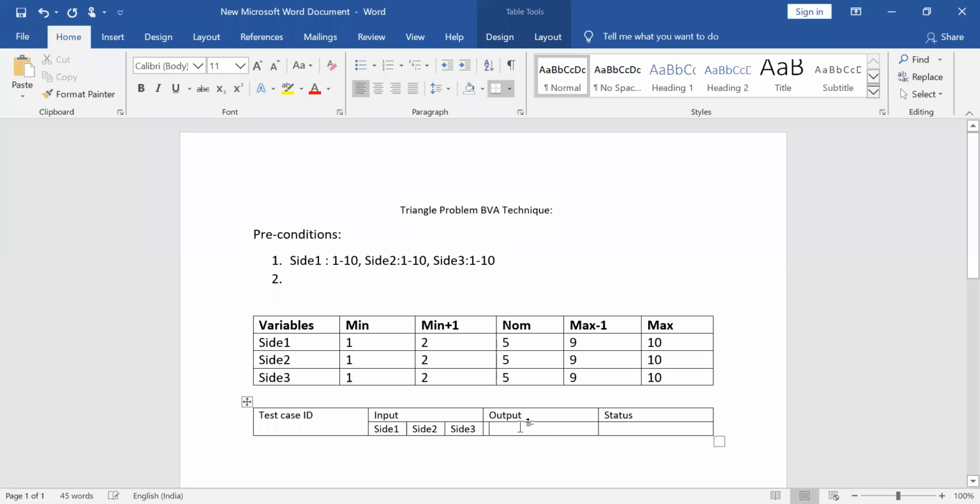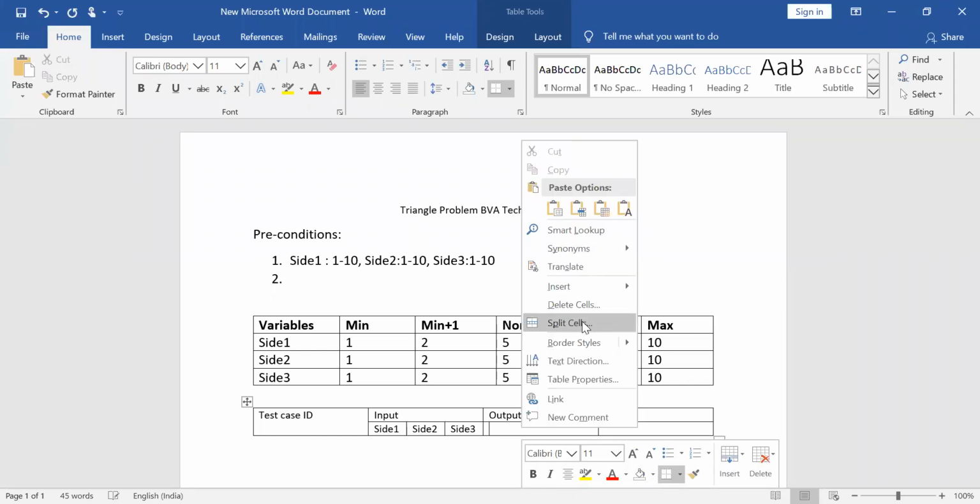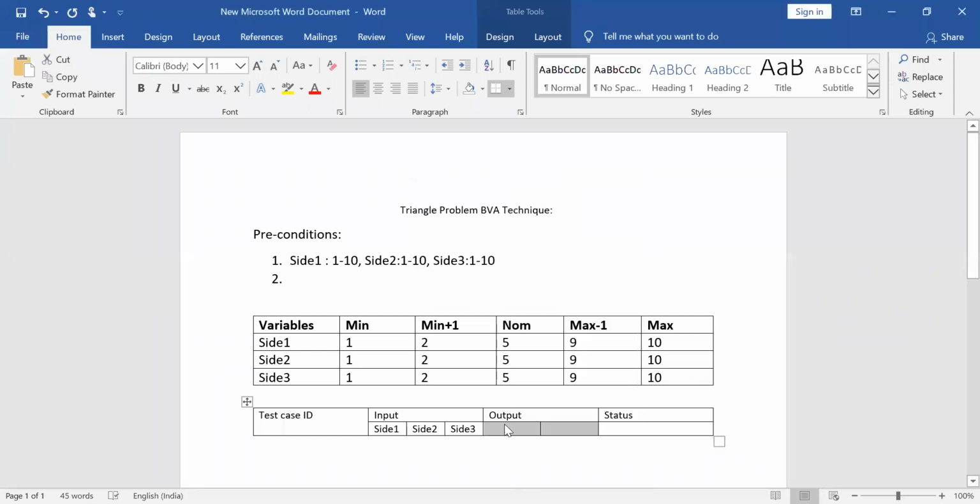Output, this one is split into two columns. Yes. Are you following? Hello? Is it audible?